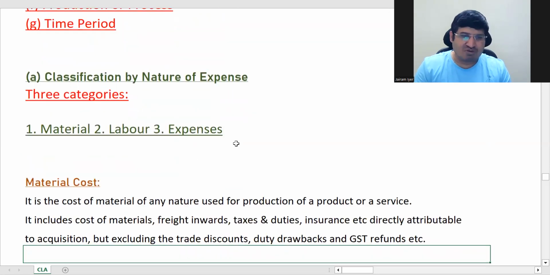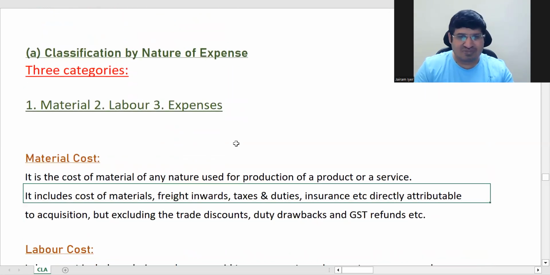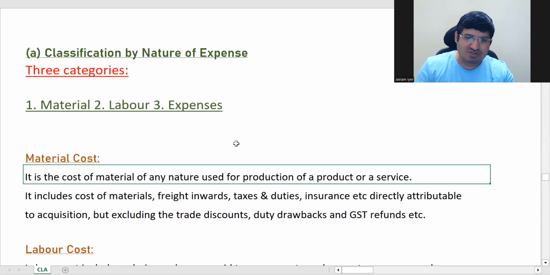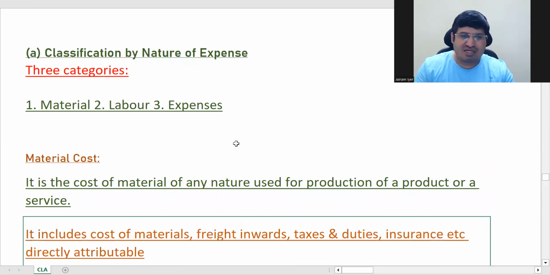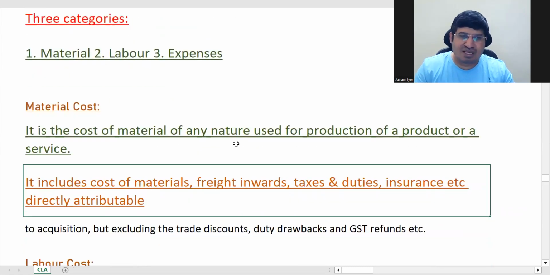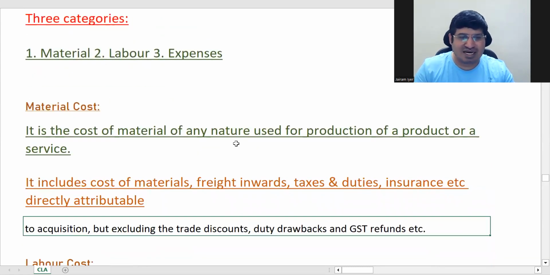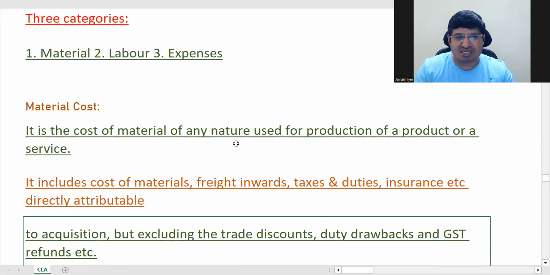Material cost is the cost of material used for production or service. It includes freight inwards, the carriage for bringing in the materials, taxes on buying materials like GST, insurance, etc., directly attributable to acquisition.